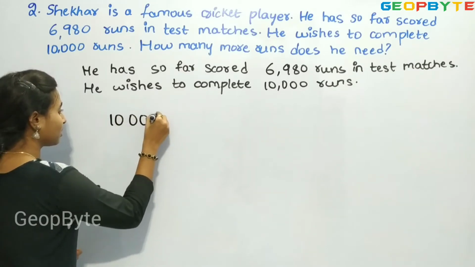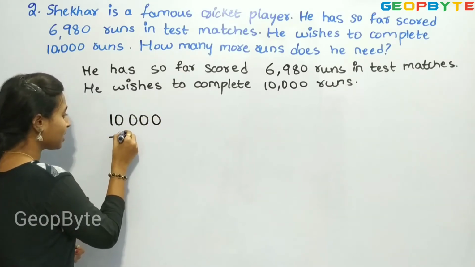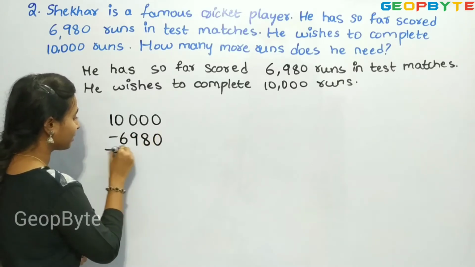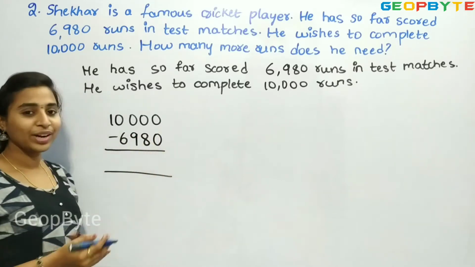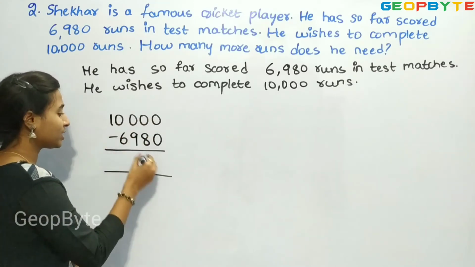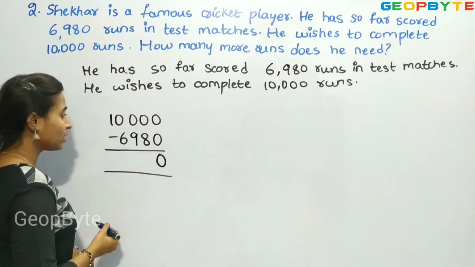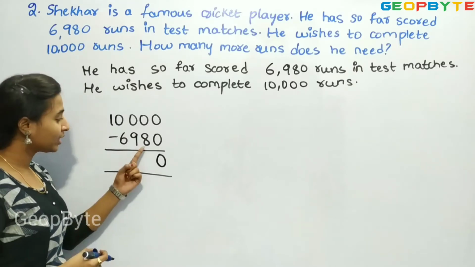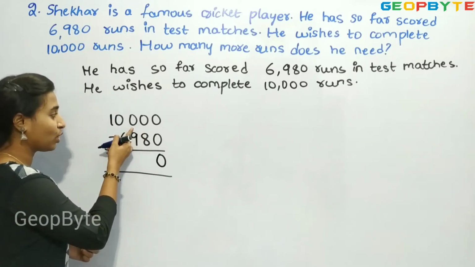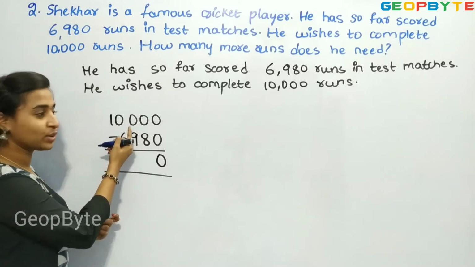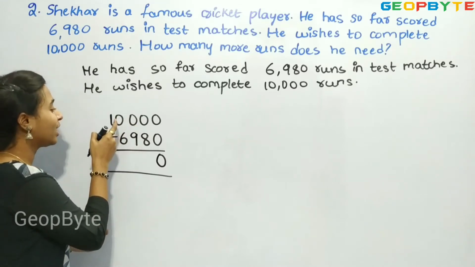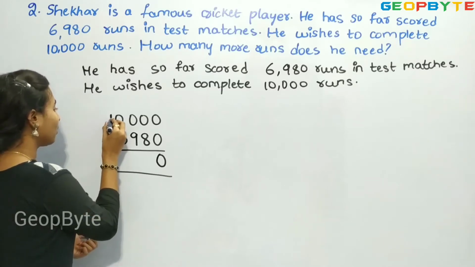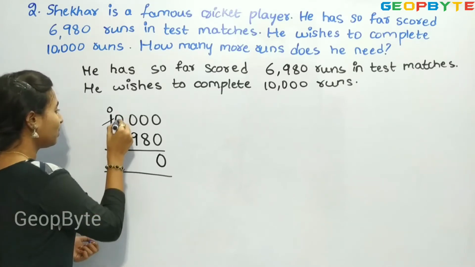See, 10,000 minus 6,980. Now let us subtract. 0 minus 0, 0. We have 0 minus 8. Since we cannot subtract 8 from 0, let us borrow. Here also we have 0. Again let us borrow. Here also we have 0. So let us borrow from 1. 1 becomes 0.